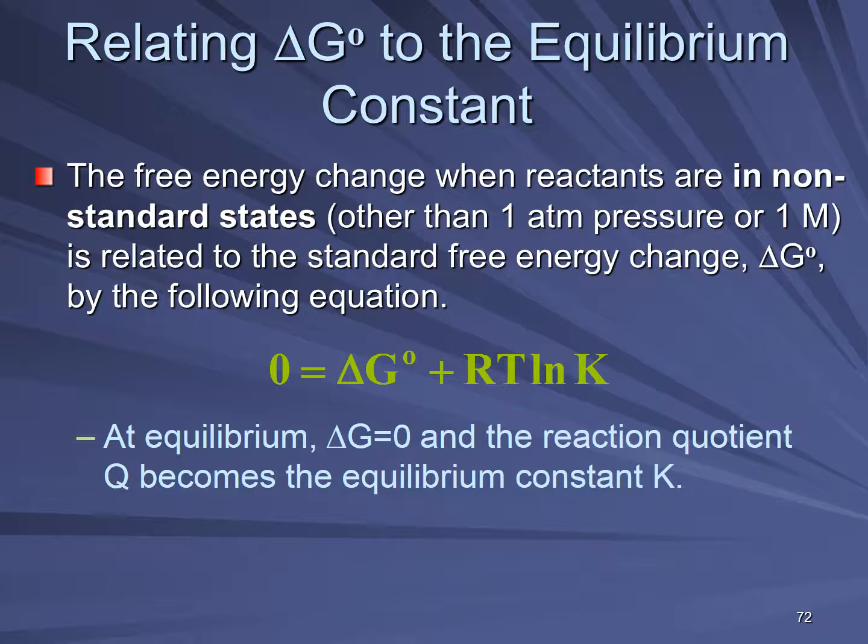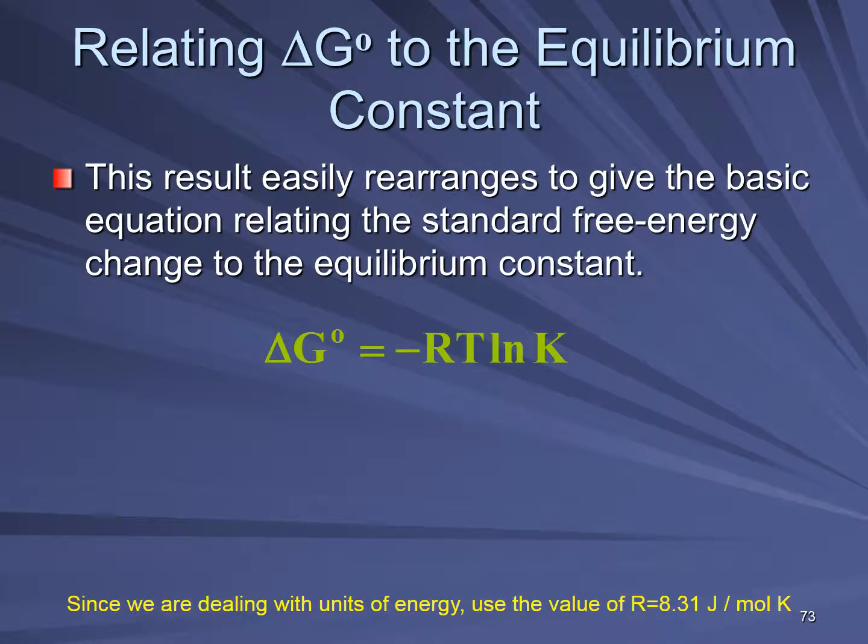Now we can rearrange it, and we get delta G standard equals minus RT natural log of K. So we can see how delta G is directly related to the equilibrium expression. Just a note on the bottom: since we're dealing with units of energy, we use the value for R of 8.31 joules per mole Kelvin rather than the liter atmosphere per mole Kelvin. So use 8.31 joules per mole Kelvin.